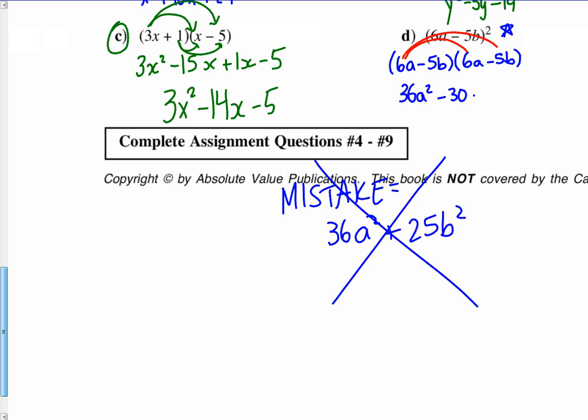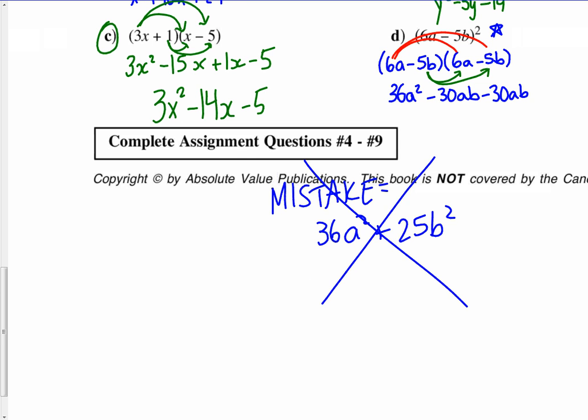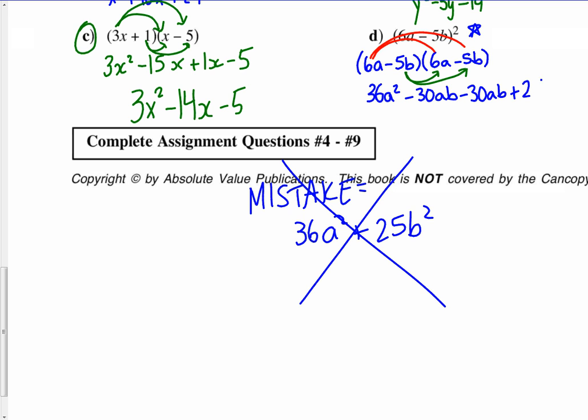Negative 30ab. And it's good to go alphabetical, because then your like terms stand out a lot easier. Negative 5b times 6a, negative 30ab. And then negative 5b times negative 5b. Good. Two negatives, plus 25b squared.